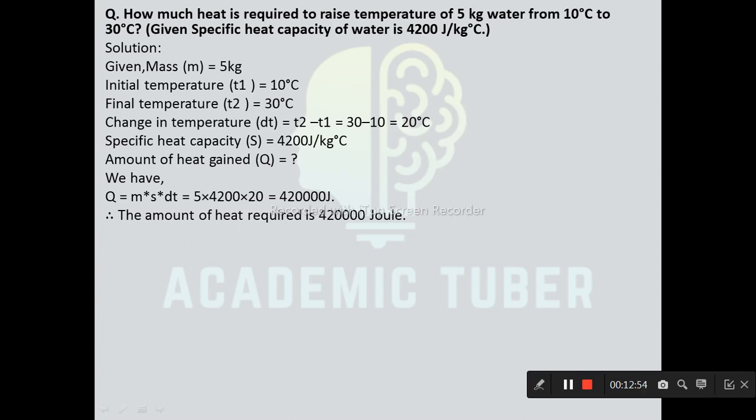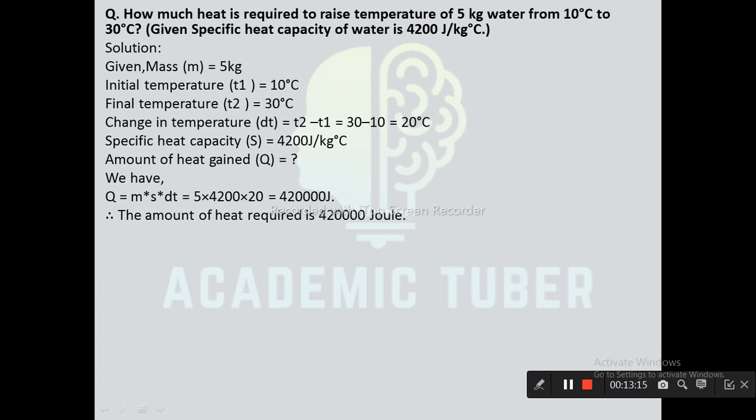So therefore change in temperature delta T equals T2 minus T1, which is 30 minus 10, 20. Specific heat capacity is given in the question as 4200 joule per kg degree Celsius, but sometimes the value of specific heat capacity of water might not be given in the question.